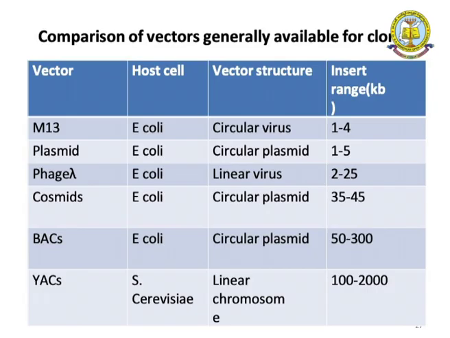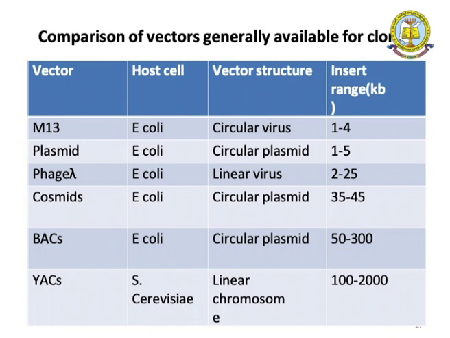Coming to the third vector, phage lambda, also with an E. coli host, a linear virus, with a range of 2 to 25 kb. Next, cosmids, also E. coli, circular plasmid, in the range of 35 to 45 kb.